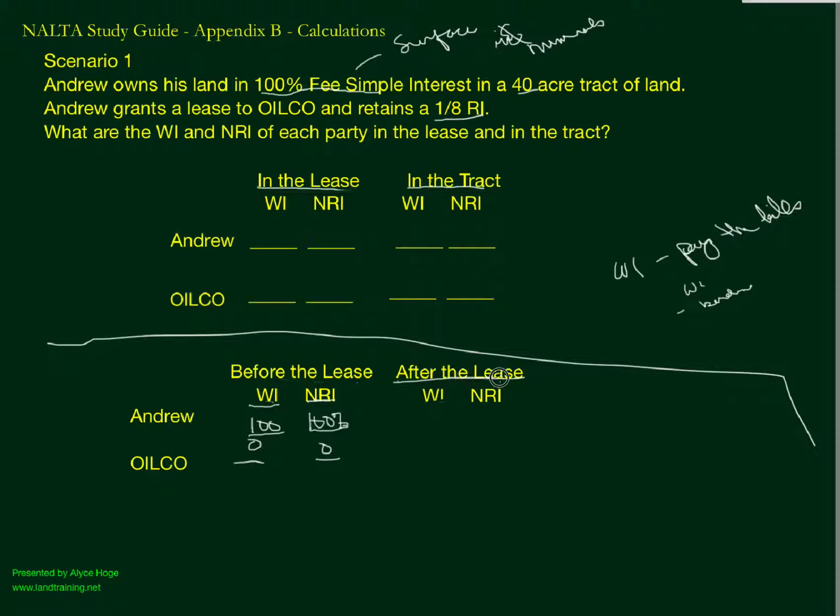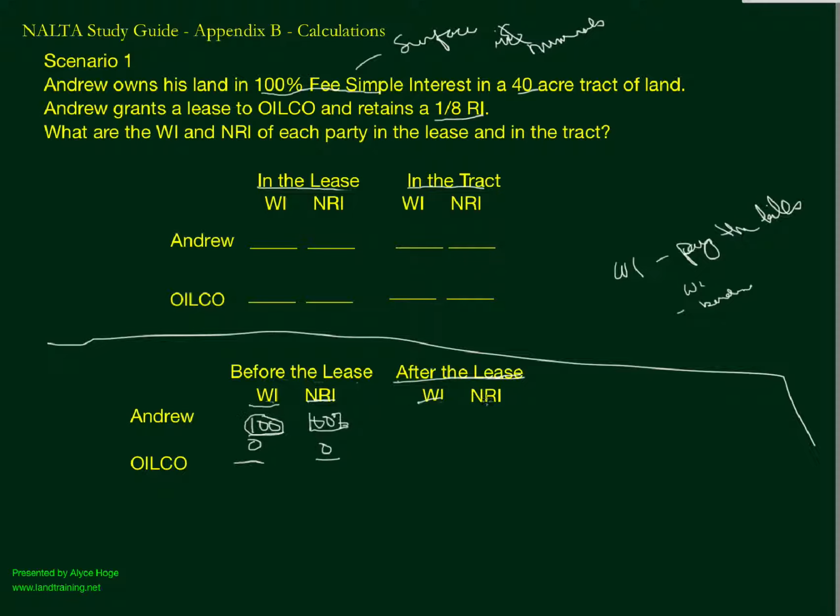But after the lease, what Andrew says is, okay, oil and gas company, I do not want to take the risk of drilling this $6 million well. So what I'm going to do is give you my 100% working interest. And in exchange, all I want is a share of the production, this 1/8 share of the production. Now, if there's a dry hole, Andrew is out nothing after there's a lease, but before there's a lease, he would have to incur all those costs.